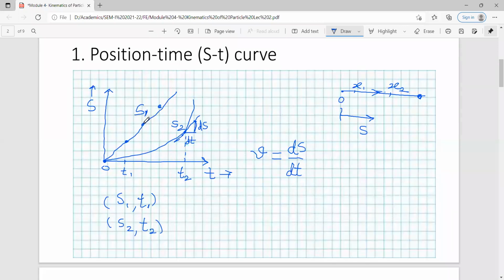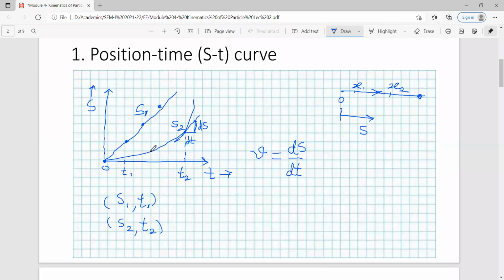So in one case, say there is a linear relationship between displacement and time, you get a line as the position-time curve when velocity is constant. But when velocity is not constant, the position-time curve will not be linear.